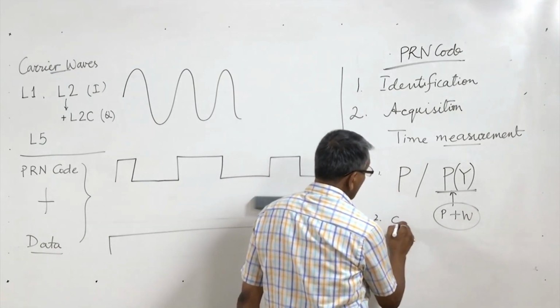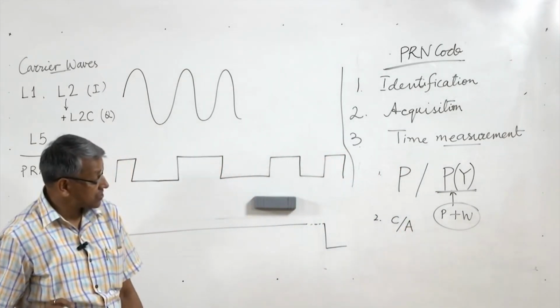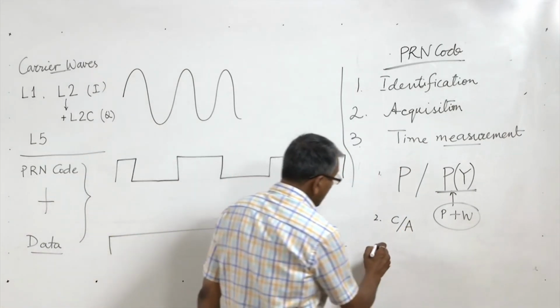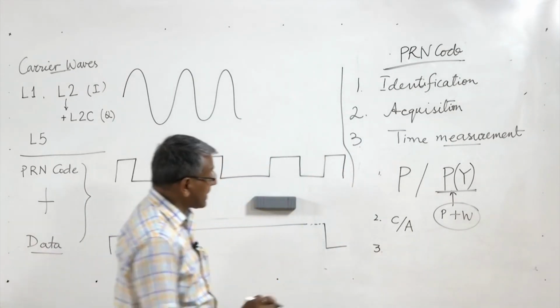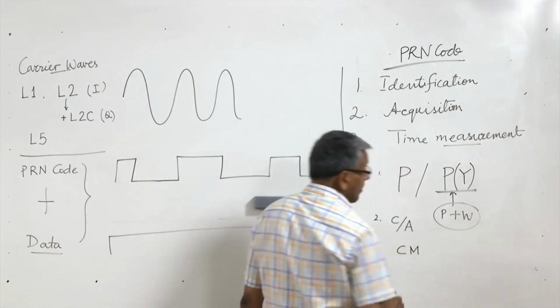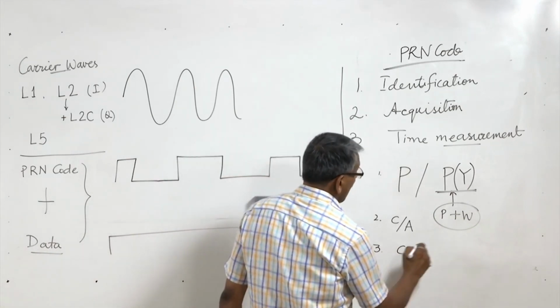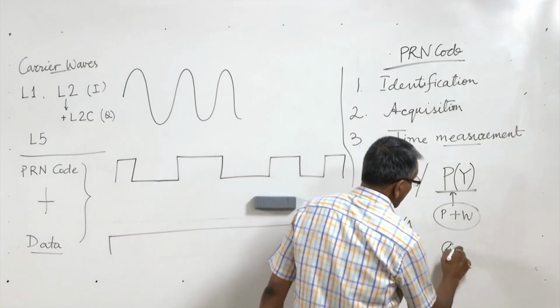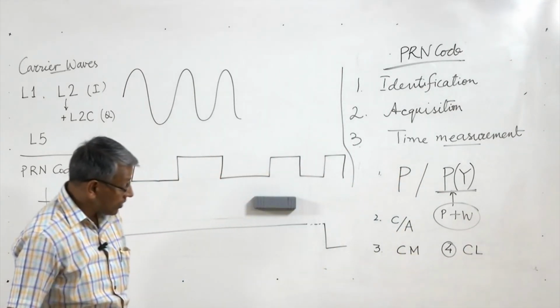Then it is the coarse acquisition code, CA code. Then for the civilian code it is the CM, civil moderate code. Then the CL, civil long code.